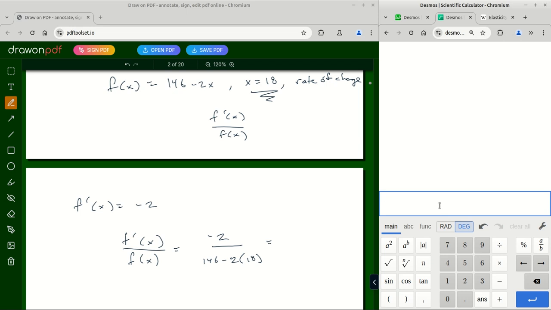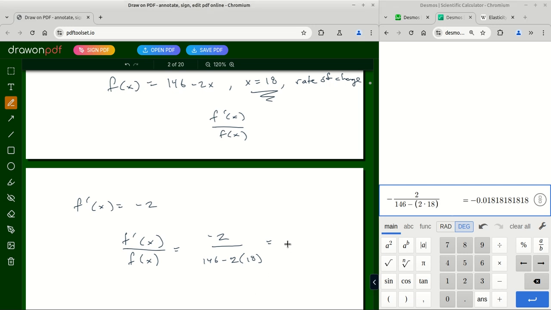Okay, there we go. So, negative 2 divided by 146 minus 2 times 18. And they don't want the fraction, honestly. I wrote the fraction down, and apparently they did not want that. So, here they go. They want the decimal, and that's not hard at all.